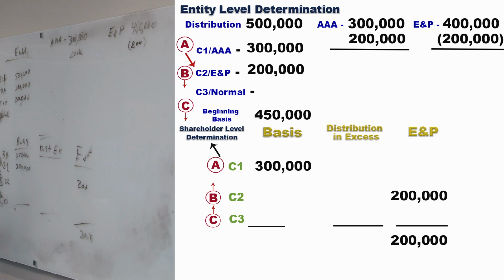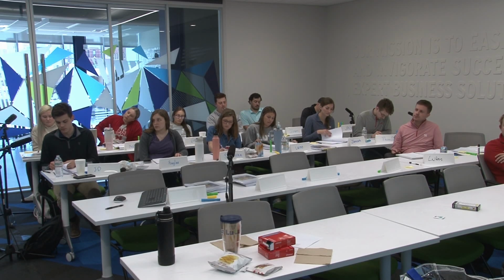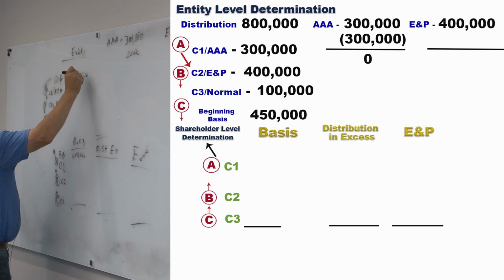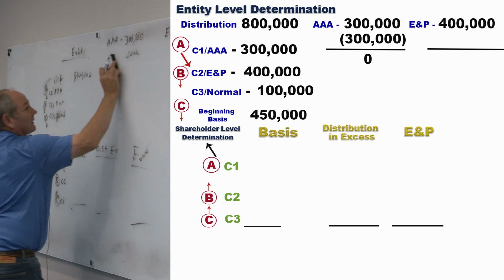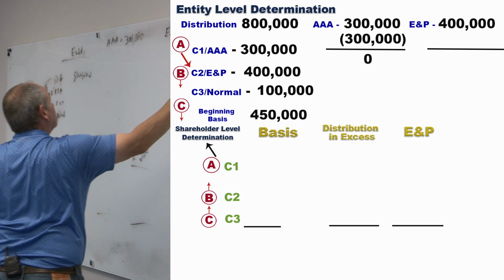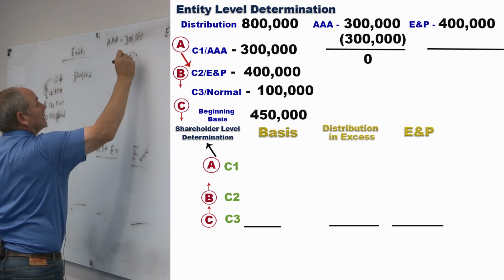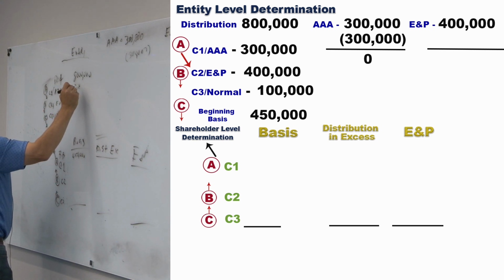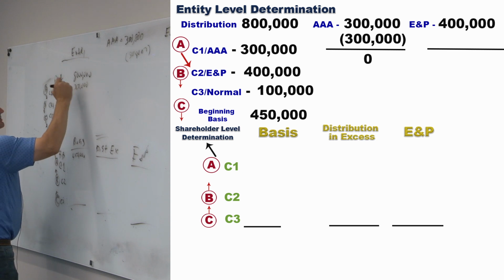of the level. What's the next amount? 800. So now we have 800. How much AAA do we have? 300. So that depletes down to 0 at the end of the level. We've categorized 300 in accounting for our distribution.